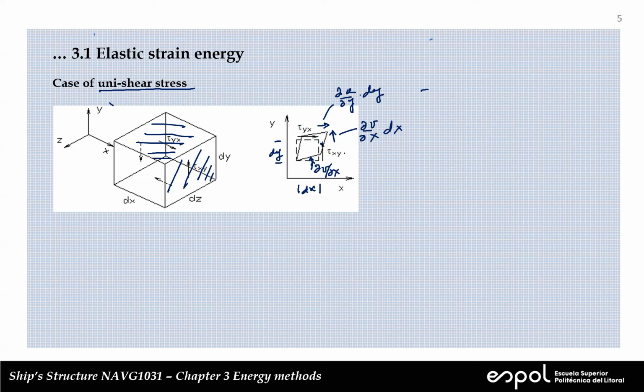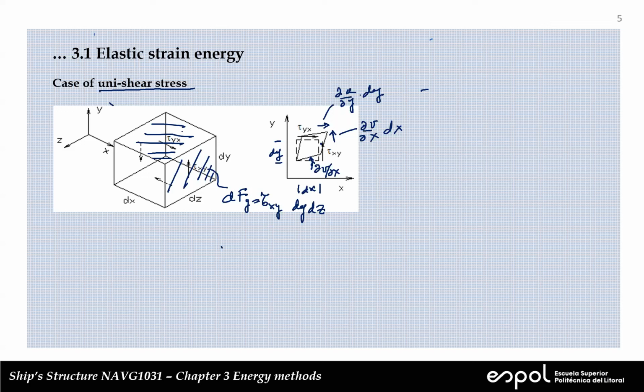Now, those are distances. Now we have to consider forces. So this force here, the vertical here, this is the force in the y direction. So that's going to be equal to tau xy, and the area is going to be dy dz.